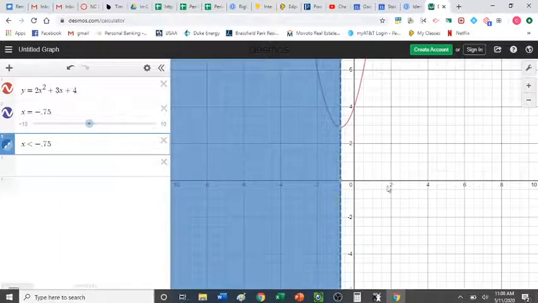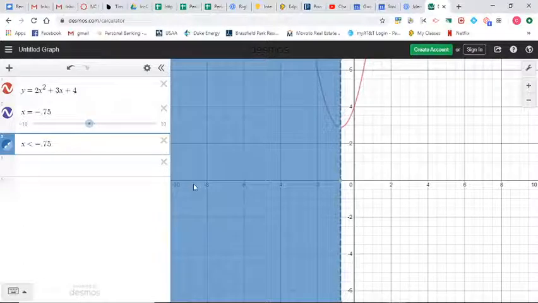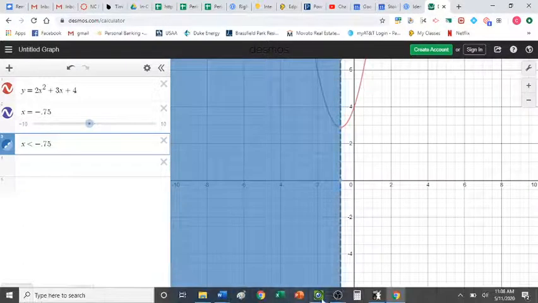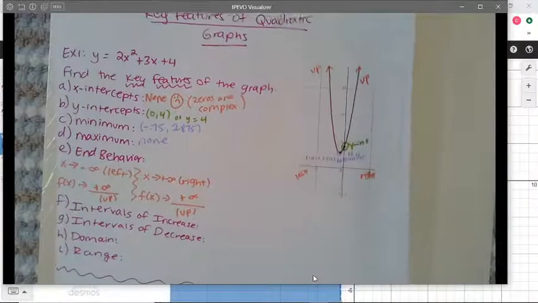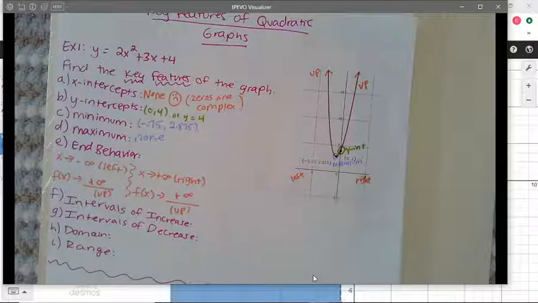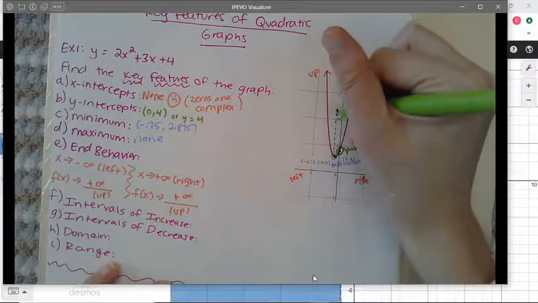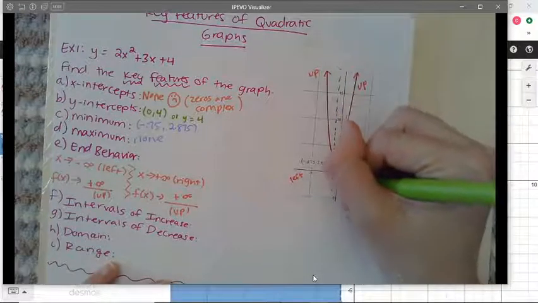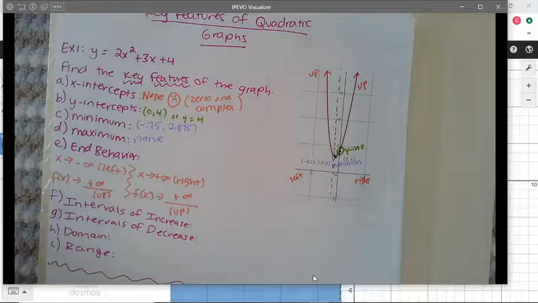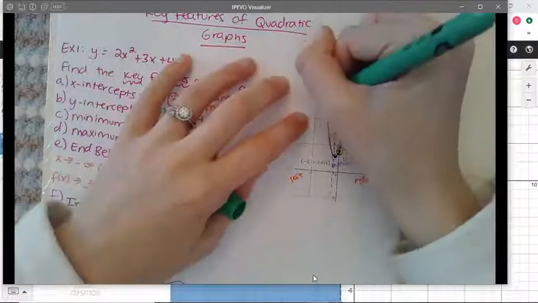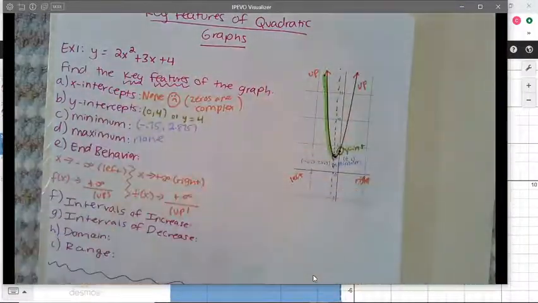I know this is kind of confusing because we're thinking about x's, not y's, so we have to be careful. Again, I'm going to draw that on here. Sorry, my voice. Here's my dividing line. This is where the graph is decreasing right here.